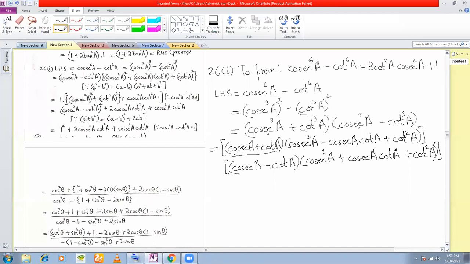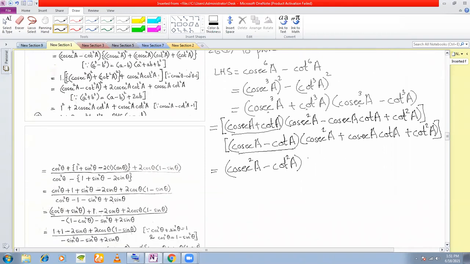Now you see cosec plus cot into cosec minus cot, you multiply these two to get a plus b into a minus b, which gives you a square minus b square, right? And for the other one, write this as it is.